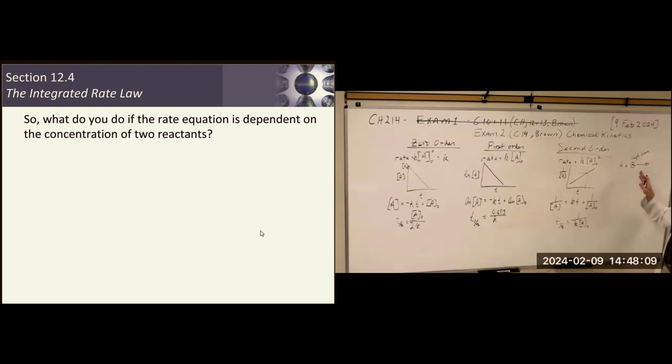And once you figured out what the order of this one is, then you can go back and vary this concentration. And now that you've got this one nailed down, you can look at that one. So that's what we do next week. We're gonna bleach blue dye, blue food color.